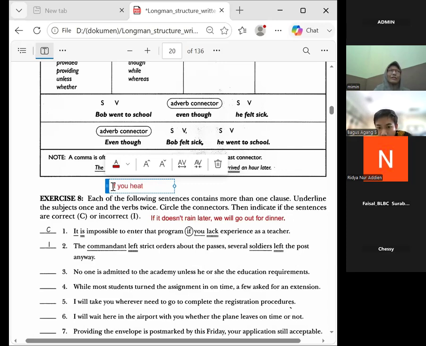If you heat metal, correct me if I am wrong, it expands.